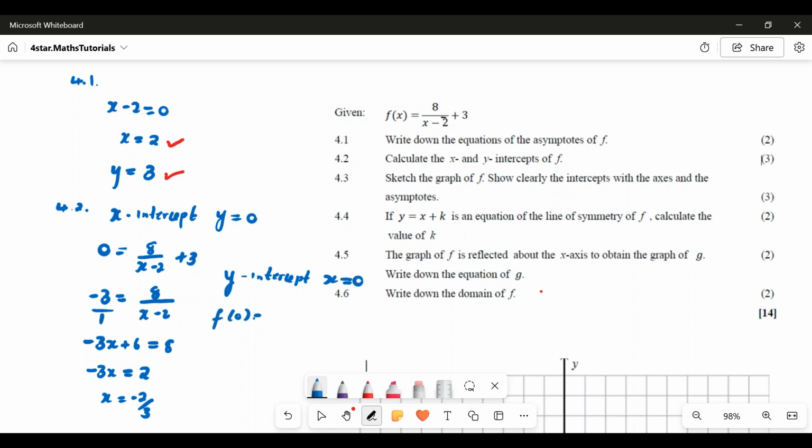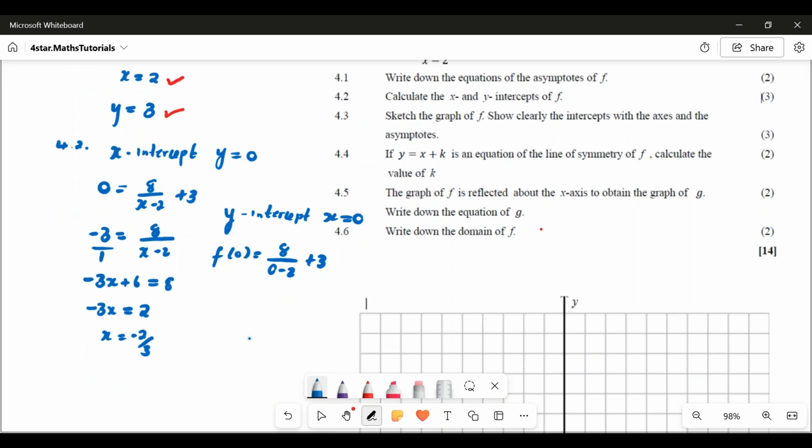Here where we see x, we put 0. Then we're going to have 8 divided by negative 2 is negative 4, negative 4 plus 3 is negative 1.